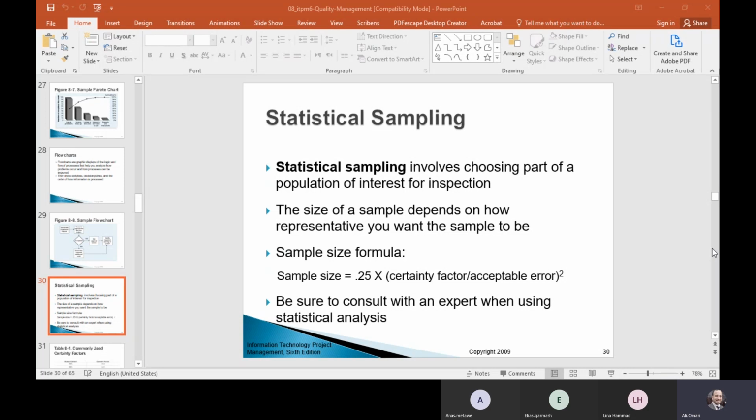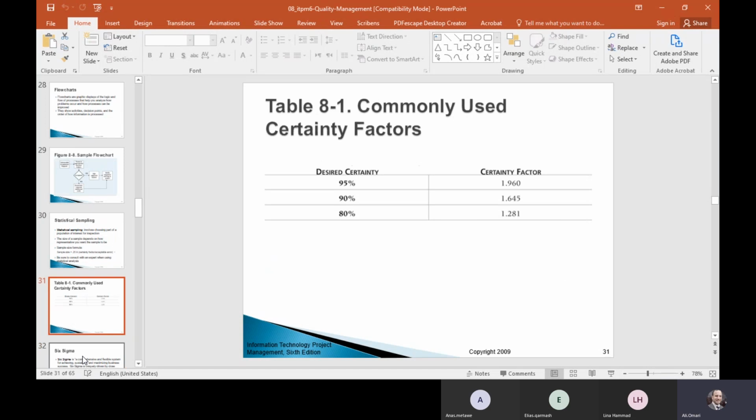That's why sampling is very important to measure the quality of the developed system. Okay? And I don't want to go into the details much. I just want to give you an idea because it's very important to understand sampling when it comes to quality control.